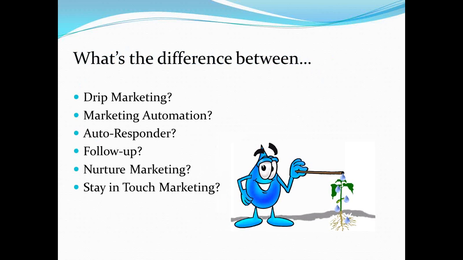So you may have heard terminology like marketing automation, autoresponder, follow-up, nurture marketing, stay in touch marketing. These are all kind of the same words to describe the drip marketing concept. And marketing automation sometimes will refer to the technology that is used.